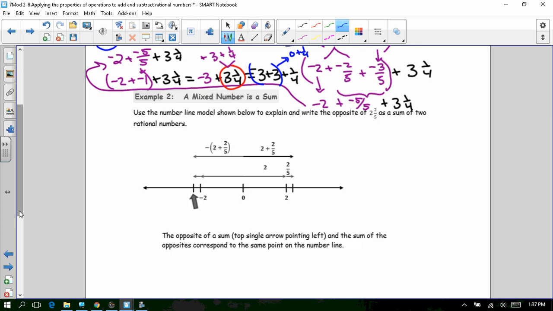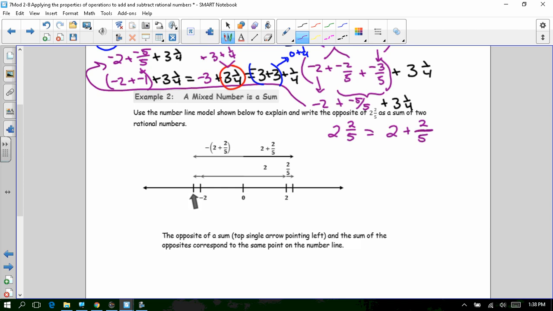Okay, use the number line model shown below to explain and write the opposite of 2 2/5 as the sum of two rational numbers. So basically what I want to know is, how do I write 2 2/5? 2 2/5 is the same as 2 plus 2/5.